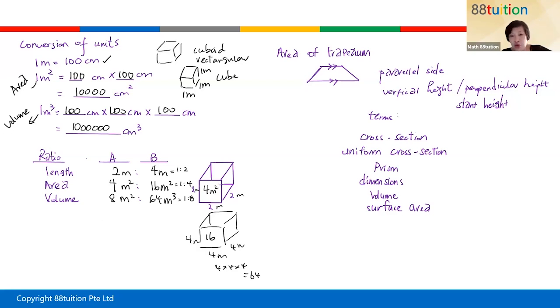So you see, the ratio becomes greater and greater from length to area and then to volume. This is talking about ratio only, just to let you know that it actually magnifies.